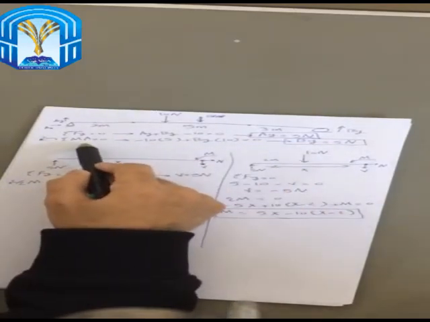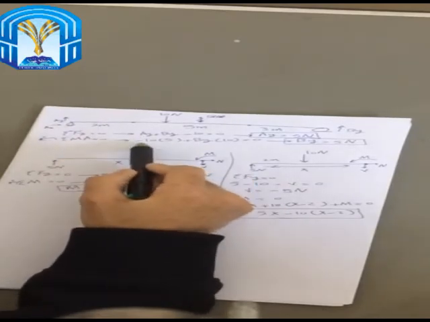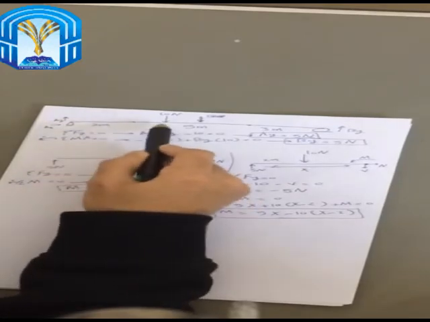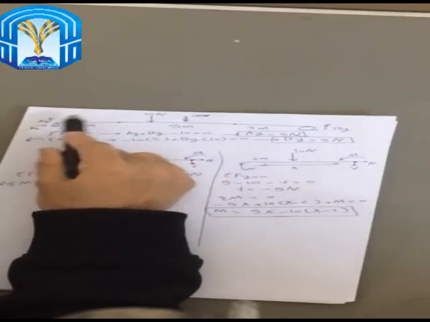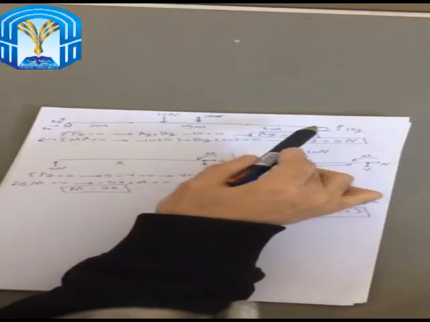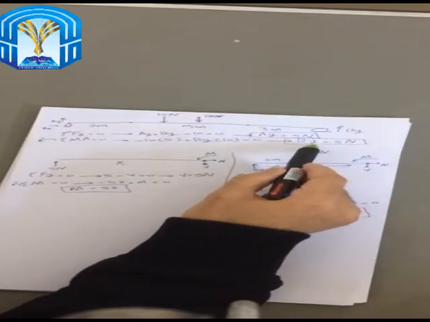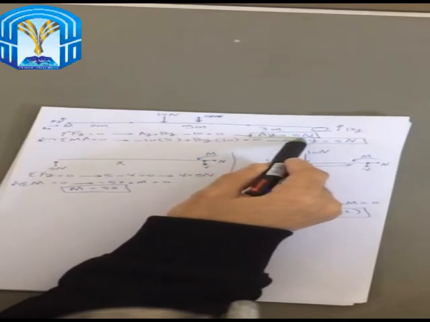How do we find the moment about this point? Minus 10 multiply 5 because it is the same direction of clockwise, and positive is opposite the direction of clockwise. Then By equals 5 Newton and Ay equals 5 Newton also.